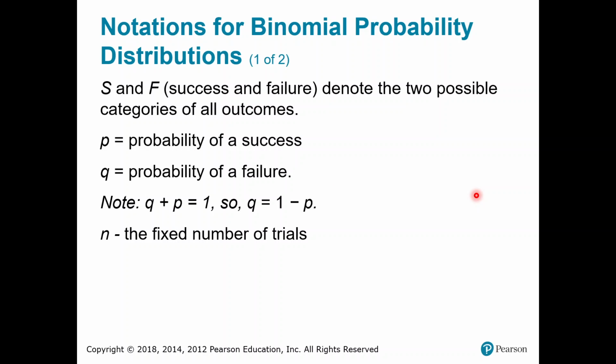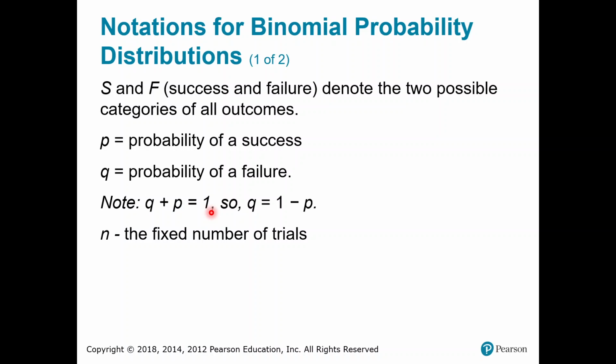Now, some notations. P is the probability of a success. Q is the probability of a failure. Note, Q plus P equals 1.